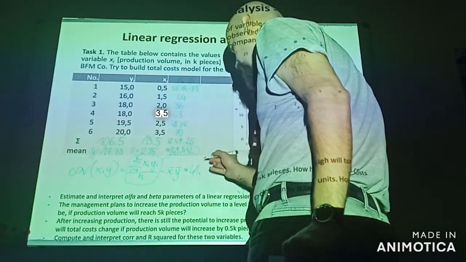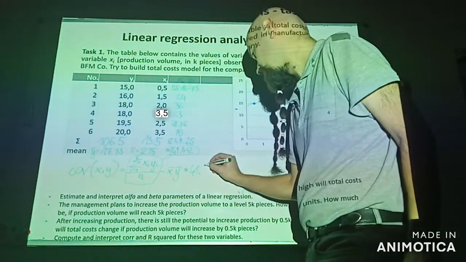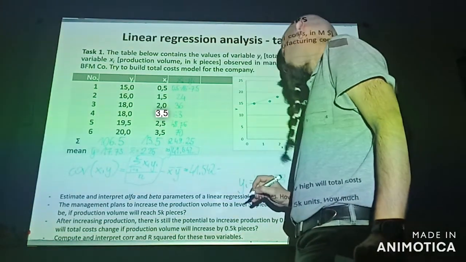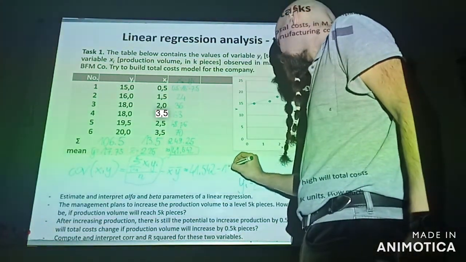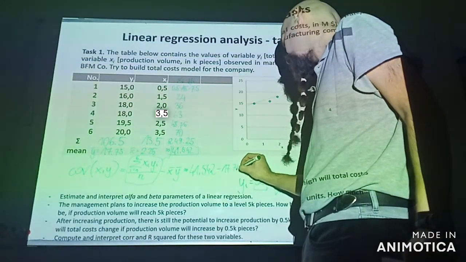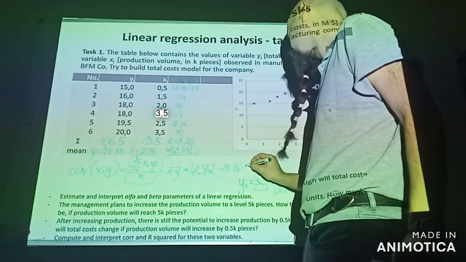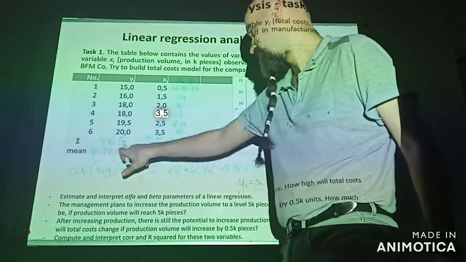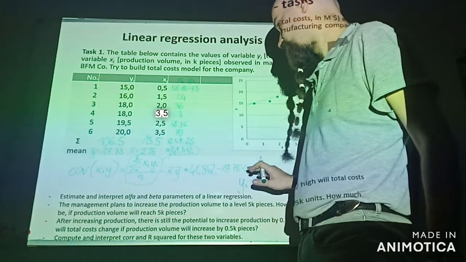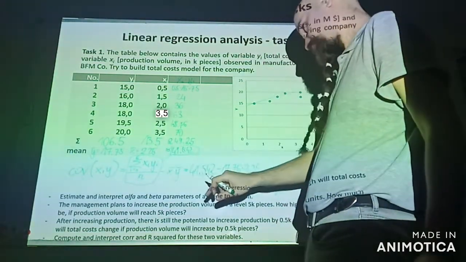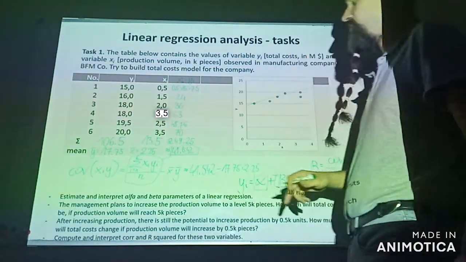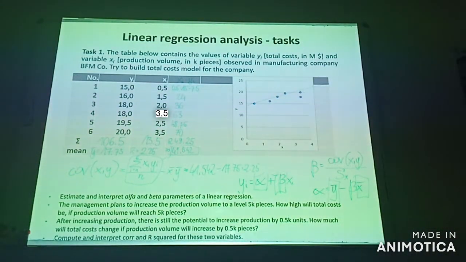We are talking about the around amounts. 542 minus what? 17.75 multiplied by 2.25. Yeah, because mean x is 2.25 and mean y is 17.75.